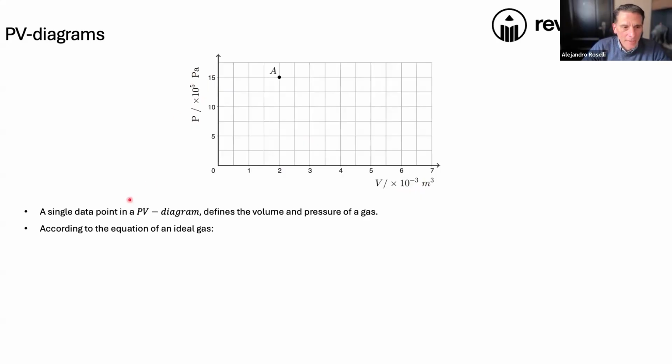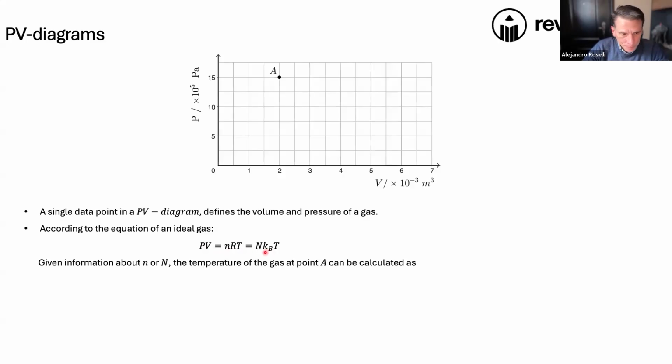That's it. Now, according to the equation of an ideal gas, we do know that PV equals nRT or nkBT, which means that if we are given information about the number of moles or the number of particles that the gas has, the temperature of the gas at that point can be calculated.